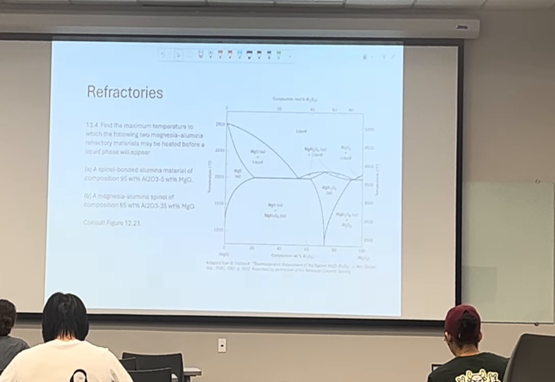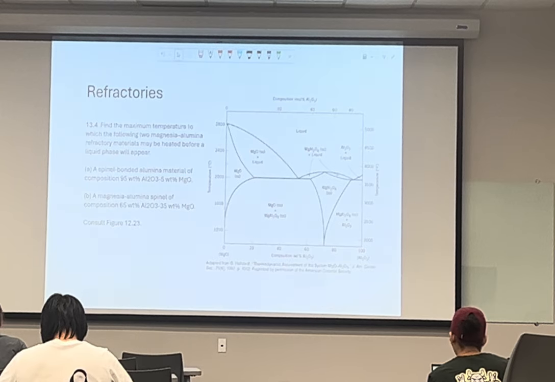Part A is asking about a spinel bonded aluminum material of composition 95% alumina and 5% magnesia. And then part B is asking, based on the previous, about a magnesia alumina spinel of composition 65% alumina and 35% magnesium oxide.